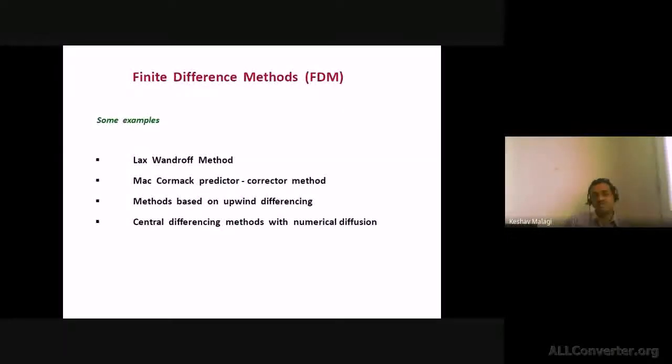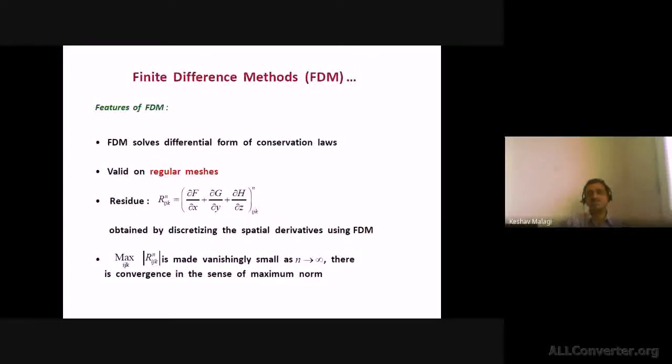So finite difference method, there are various examples you will have heard. These were the schemes which began very long back. Lax-Wendroff method was one, MacCormack predictor-corrector method was one, then upwind-based differencing started, then central differencing with some numerical diffusion were also looked at. So what do we do here? Here we solve the PDEs on regular meshes, and it is solved in the differential form.